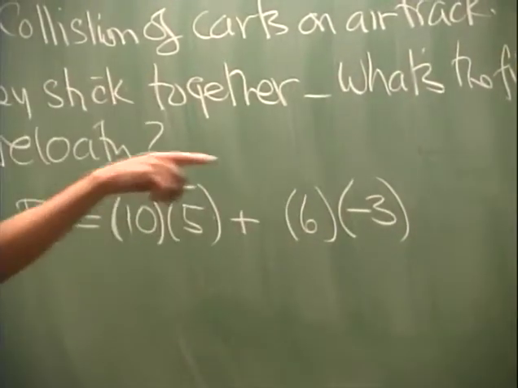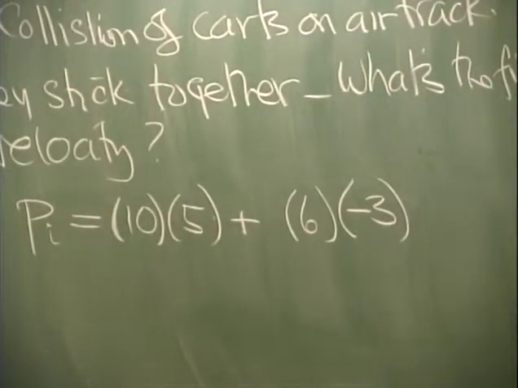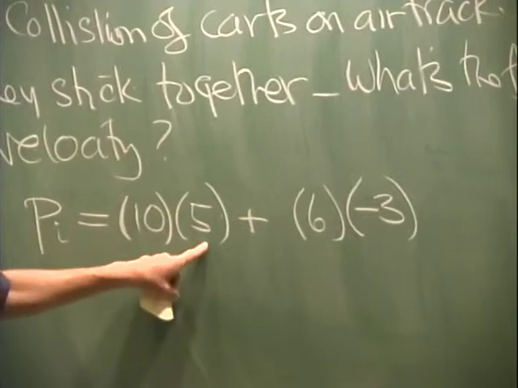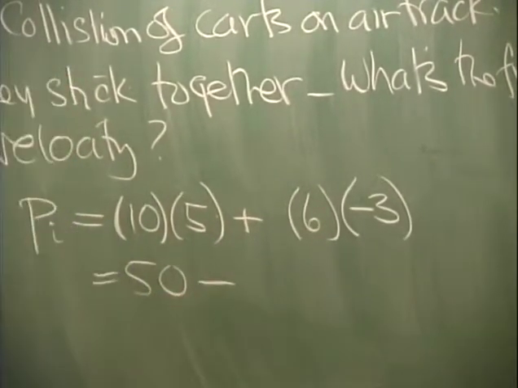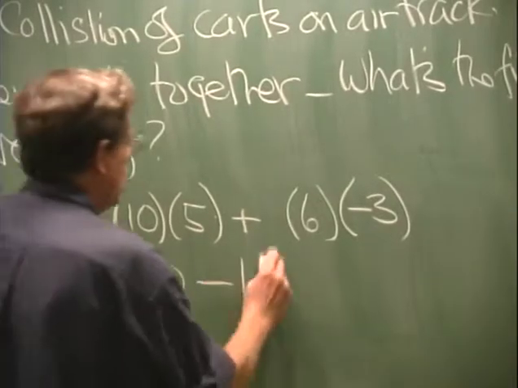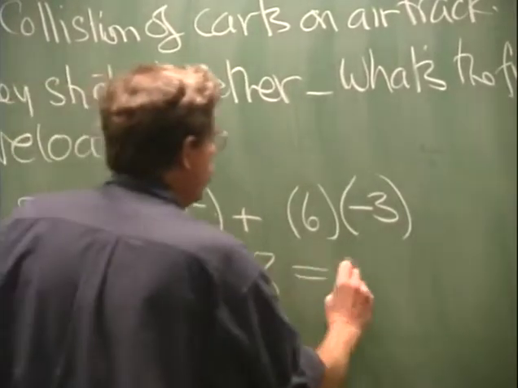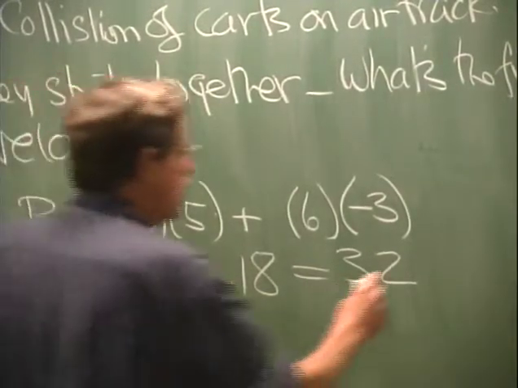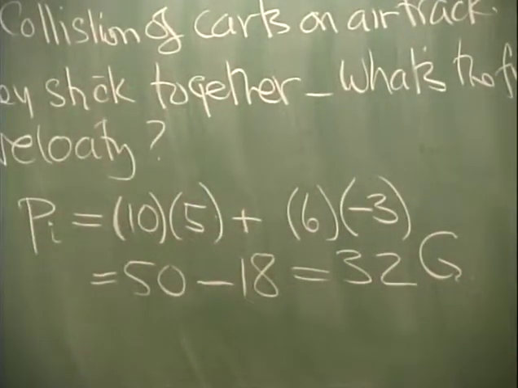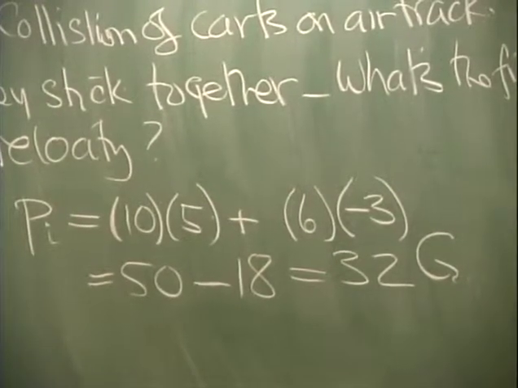If it were going in the other direction, to the right, it would be a different problem. Okay, 5 times 10 minus 6 times 3, this is 50 minus 18 is equal to 32. That's the momentum before the collision.